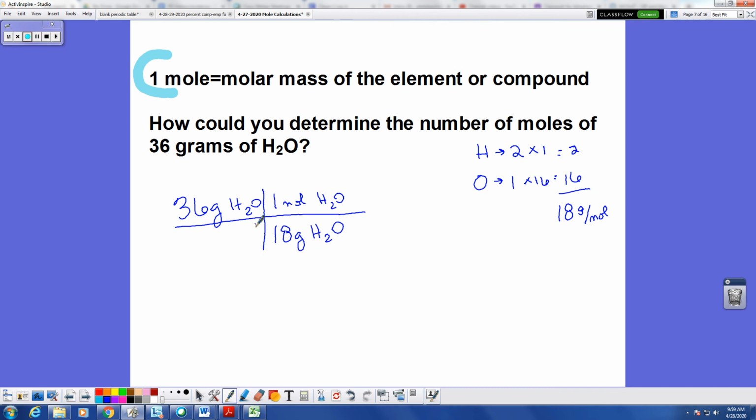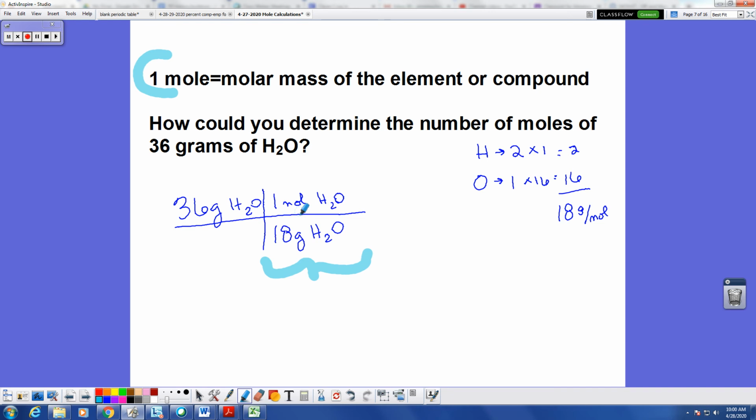This is called factor label. This is called dimensional analysis. That's probably the most common thing you'll hear this called, dimensional analysis, where things that you put like this together have to be equal. Okay, and each of them is a factor that you use to convert from one unit to another unit.